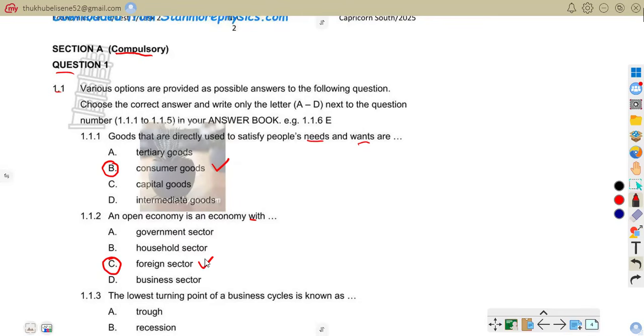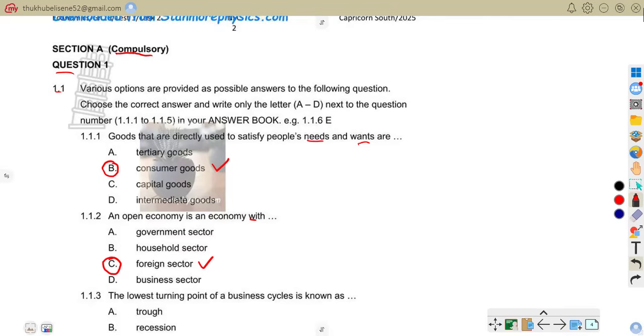A foreign sector is the part of the economy that deals with trade between a country and other countries. We are talking about imports as well as exports, for example, South Africa exporting gold to China. So you see, that is an open economy.